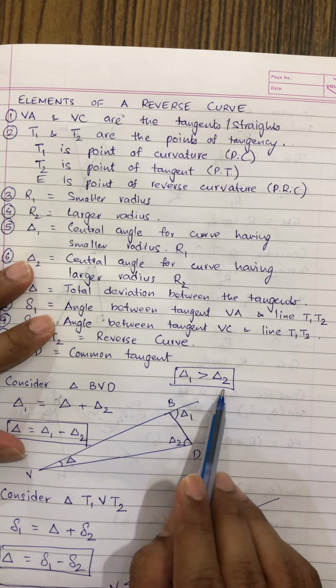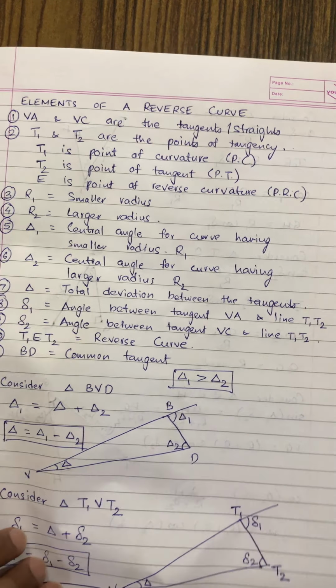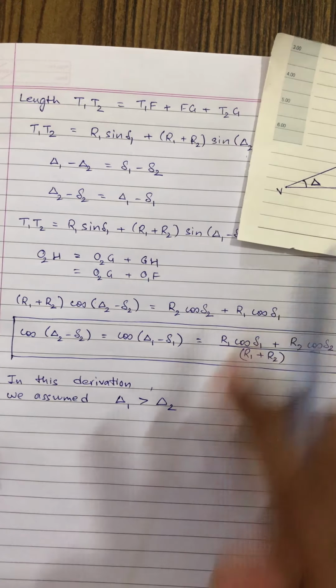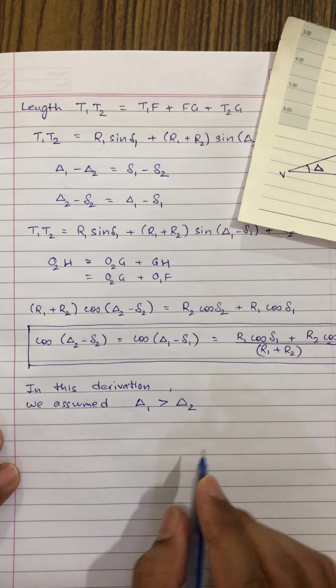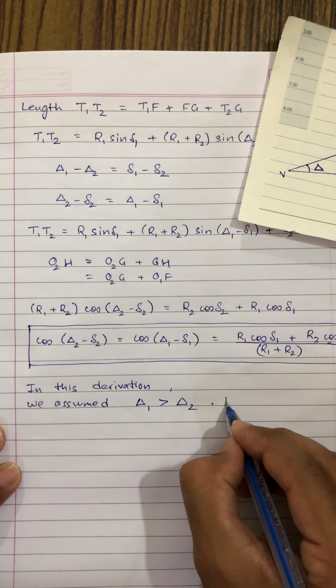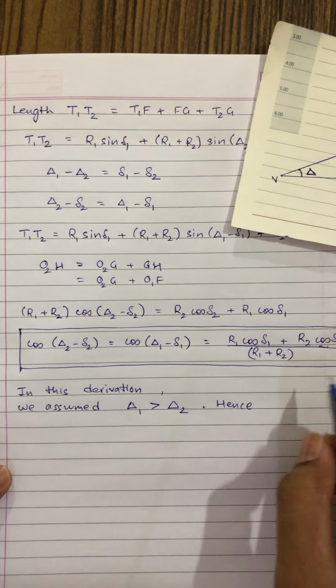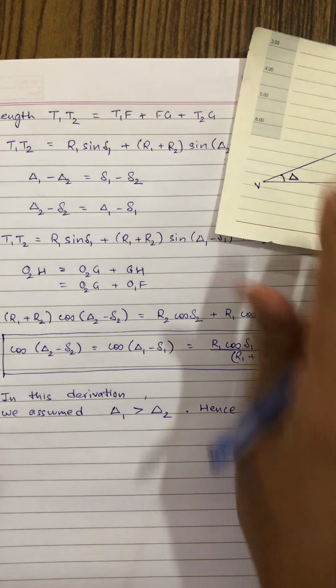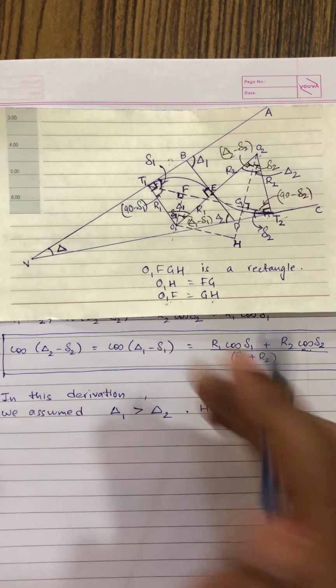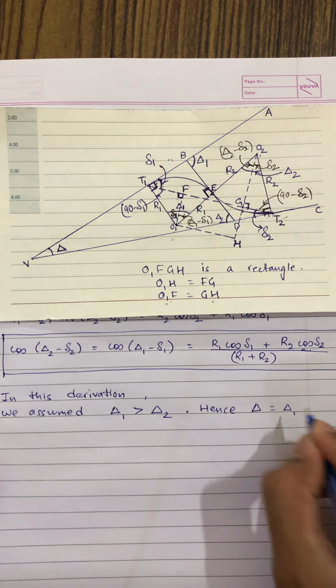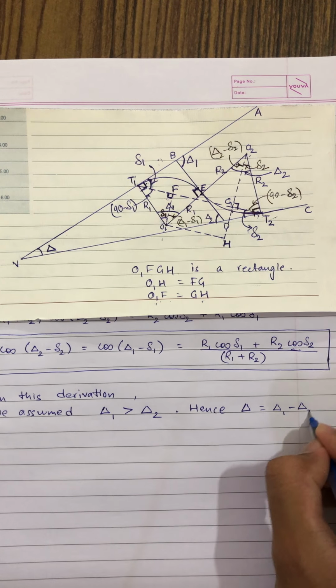Delta 1 is greater than delta 2, that we had assumed. So hence the total deviation angle delta will be equal to delta 1 minus delta 2.